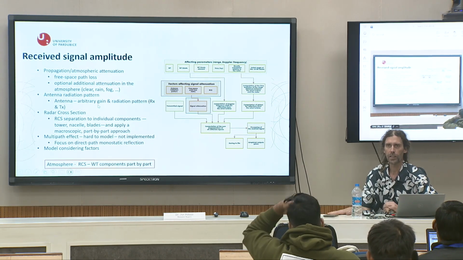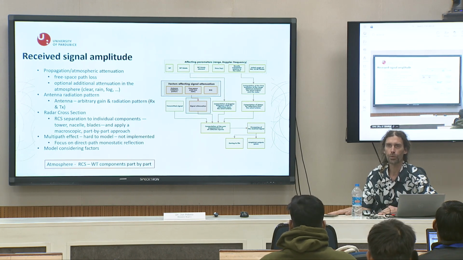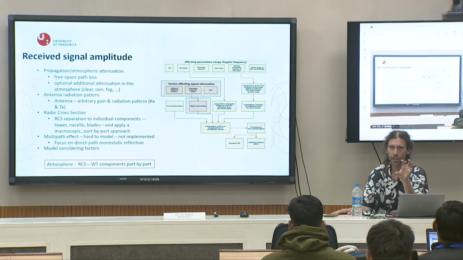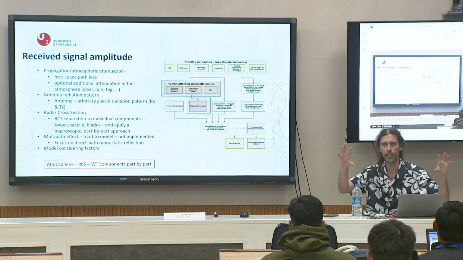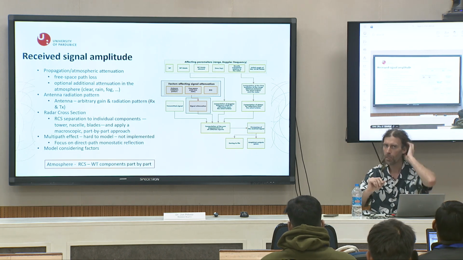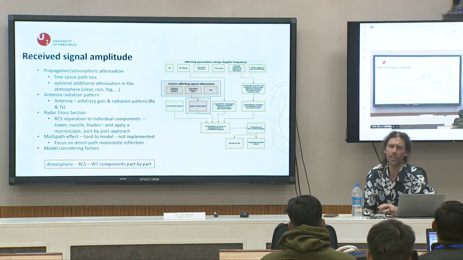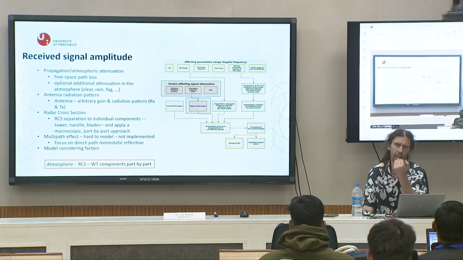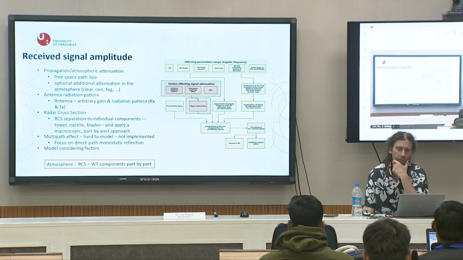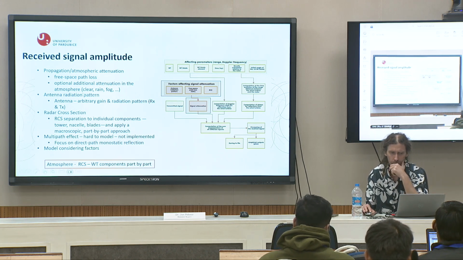Our simulator supports only a monostatic solution, one antenna for transmitting and receiving. We don't work with bistatic, because it is very complicated and you don't need it. It is just a simplification of our model.